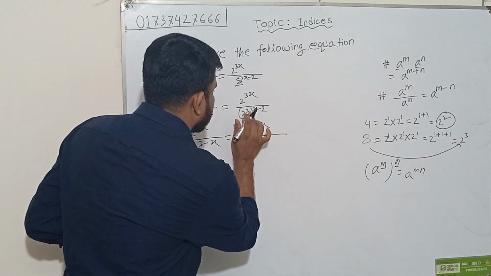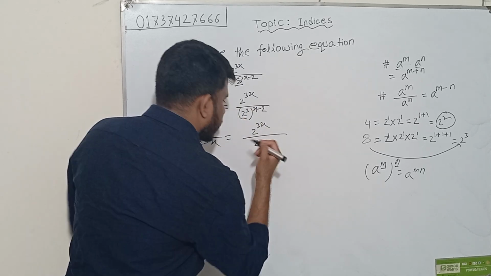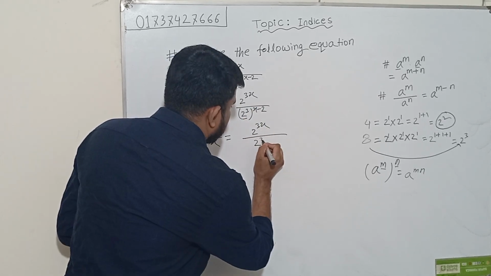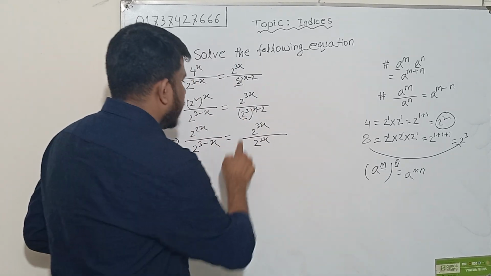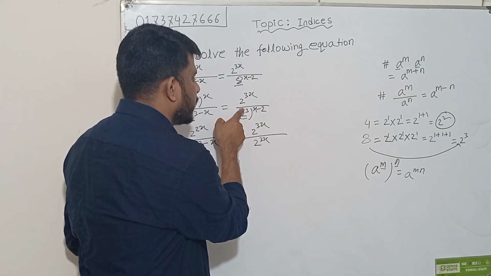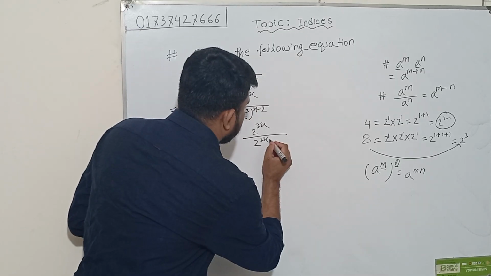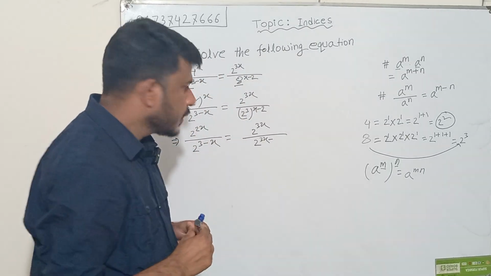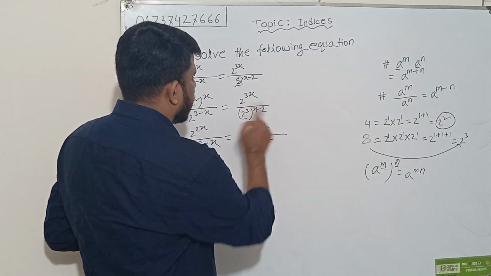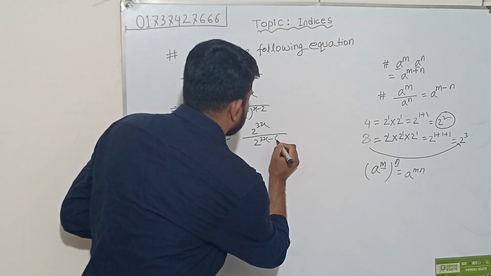We multiply 3 with x, so we can write it directly as 3x. And 3 multiplied with 2: there is nothing, meaning plus, and there is minus, so plus and minus will be minus, right? So 3 multiplied with 2 will be 6.